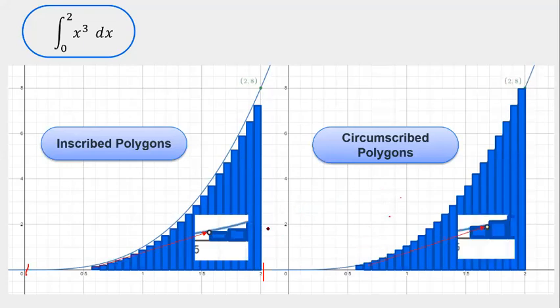This is because x in the inscribed polygon is counted from x0, while the circumscribed is counted from x1. Both give quite accurate results, but the inscribed polygon is more preferable since it is convenient to use for more complicated questions as it is more precise.